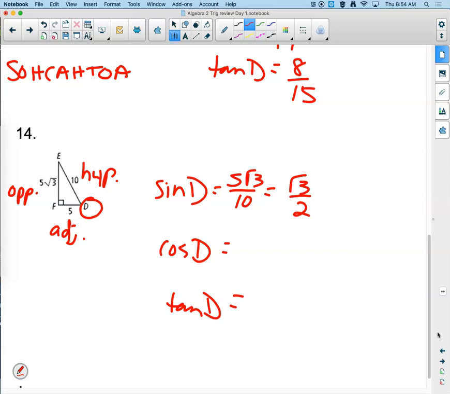Cosine. Skylar, what'd you get for cosine? 5 over 10, which reduces to 1/2. Tangent. Tanner, what'd you get for tangent? Exactly. And then we can go ahead and cancel out those 5s.